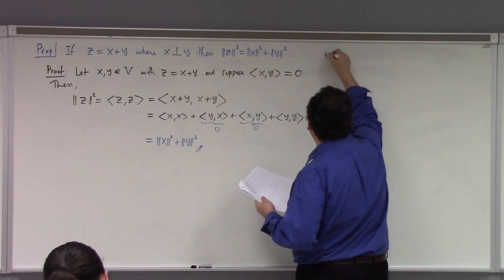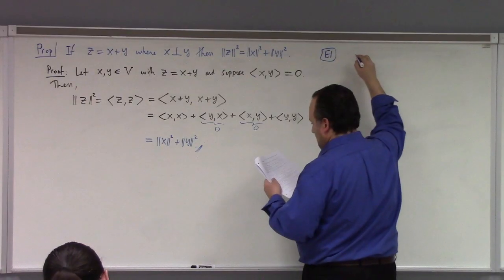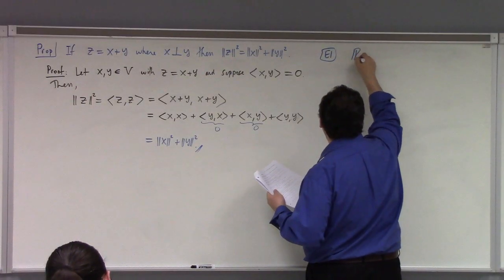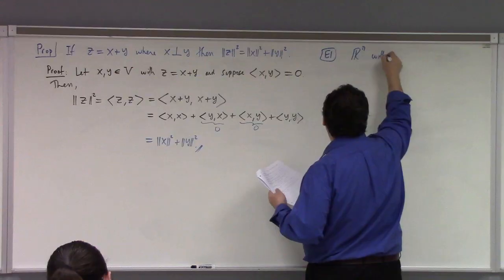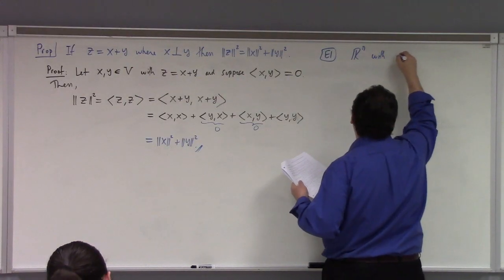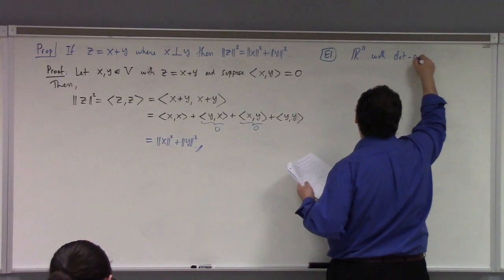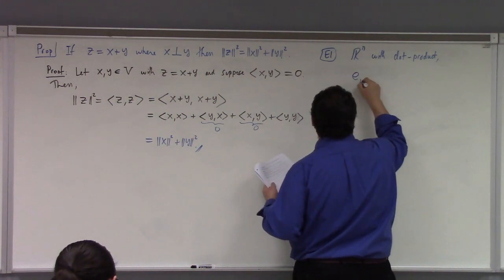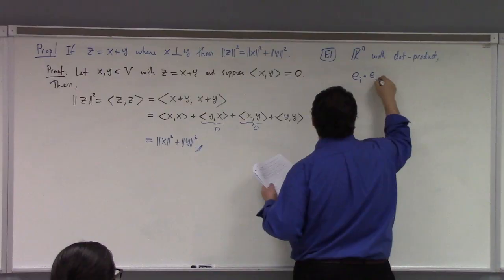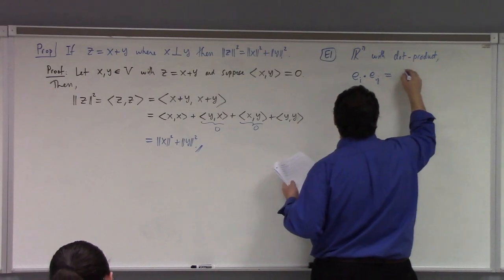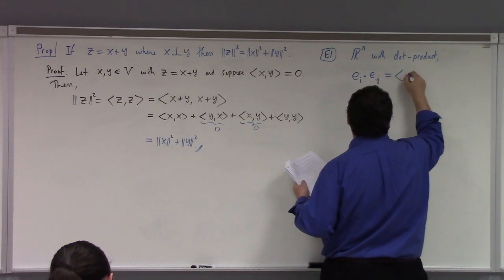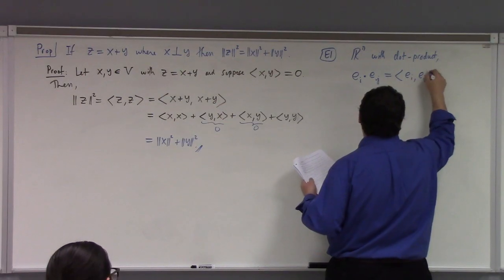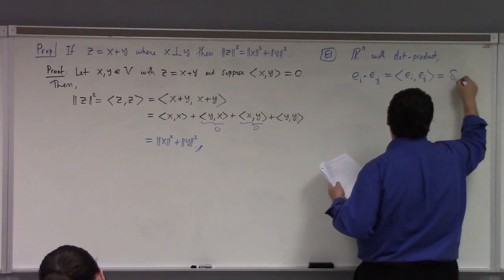Example 1, I suppose: R^n with the dot product. Notice that we have e_i dot e_j, which is the inner product here. But anyway, it's the Kronecker delta ij.